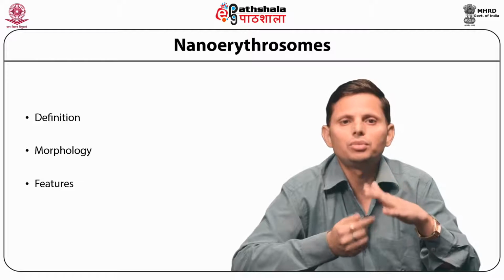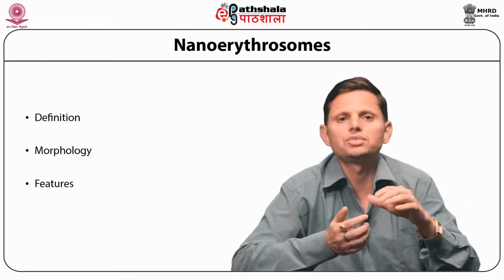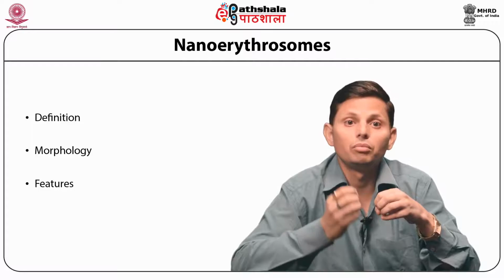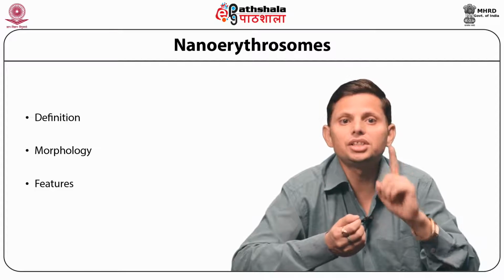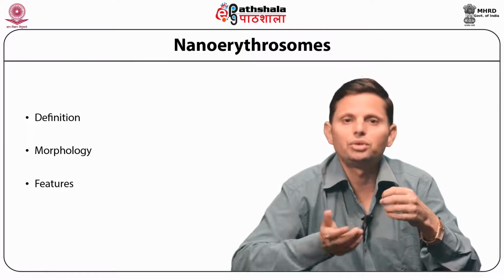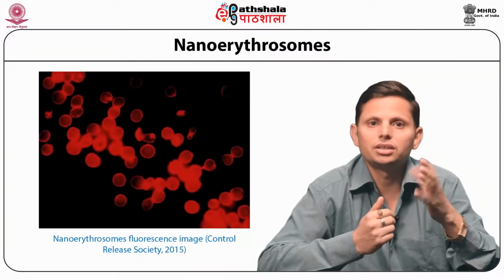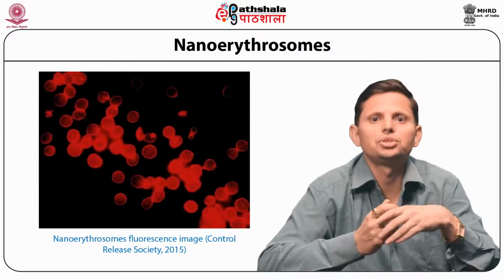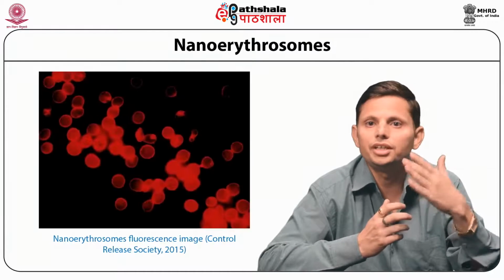Features. The liposomes or nanoerythrosomes are vesicles made from the RBCs, and a single RBC can result in 4000 to 6000 nanoerythrosomes. The figure shows a fluorescence image of nanoerythrosomes, which are tiny vesicles.